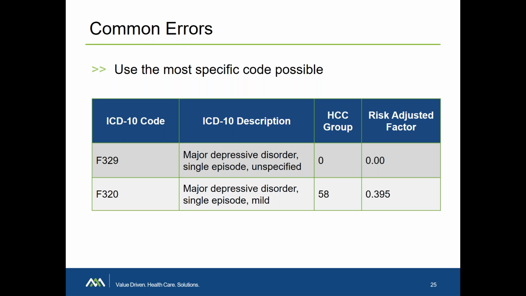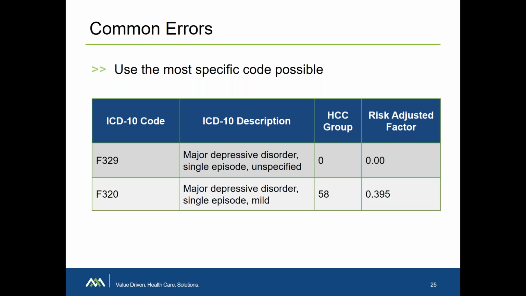So on this slide, we have F32.9, which is an ICD-10 code for major depressive disorder, single episode, unspecified. The HCC group on that is 0, which means there's no HCC assigned to it, and our risk-adjusted factor is 0 as well.